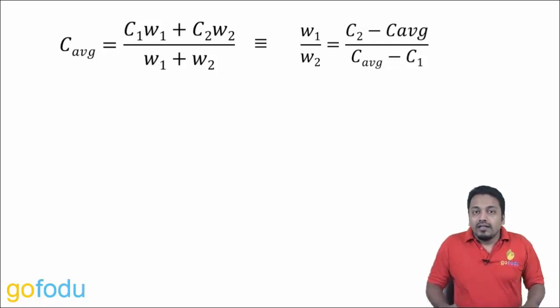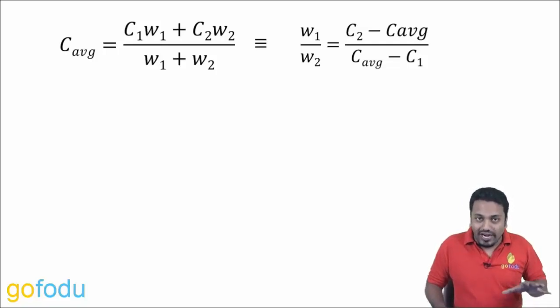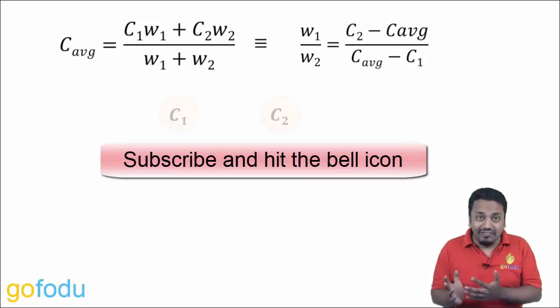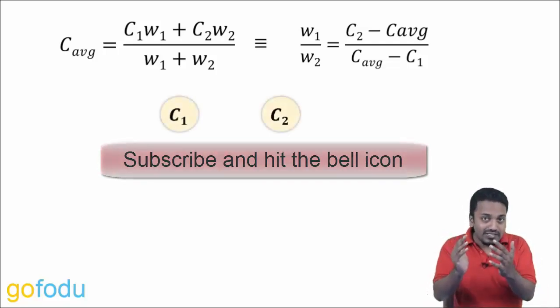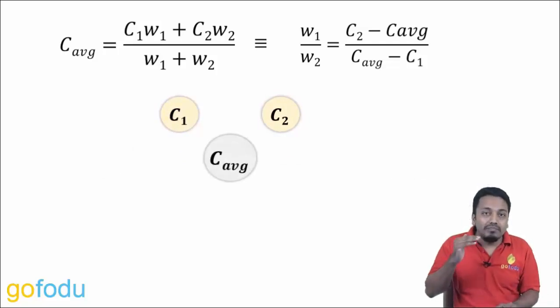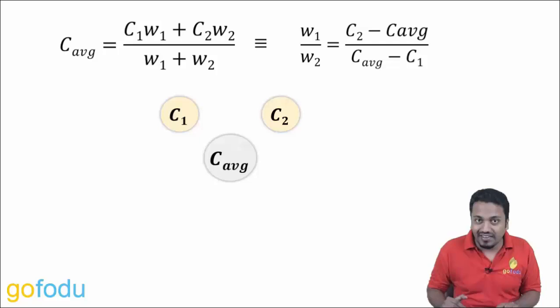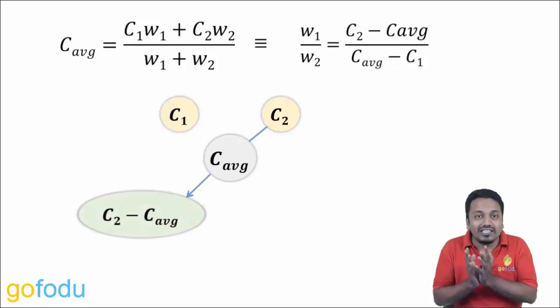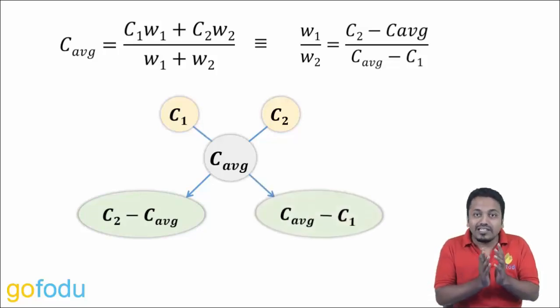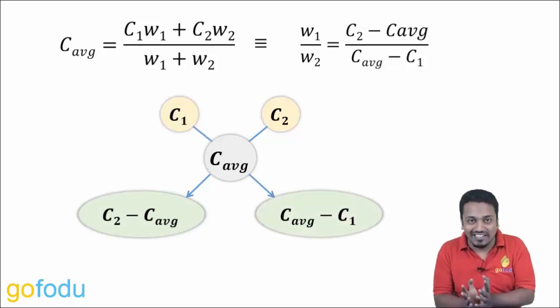A pictorial way to write the same thing is by using method of alligation. C1 and C2 on the top, C1 usually being the smaller of the two. Write C average below in the center. Make a slant arrow and subtract C2 minus C average. Another slant arrow and subtract C average minus C1.